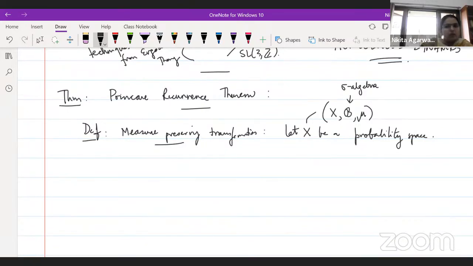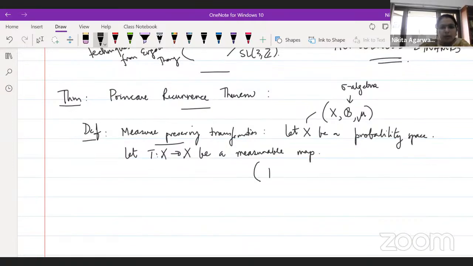So let X be a probability space, and let T going from X to X be a measurable map.